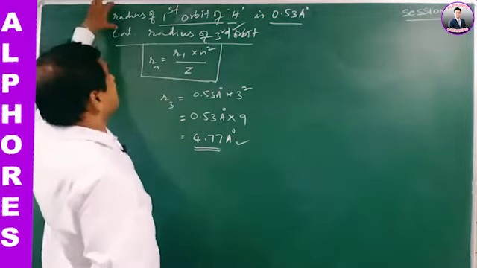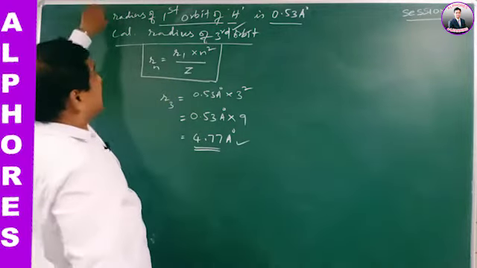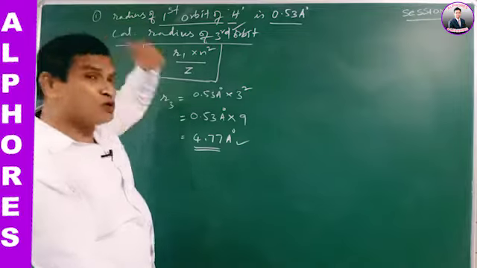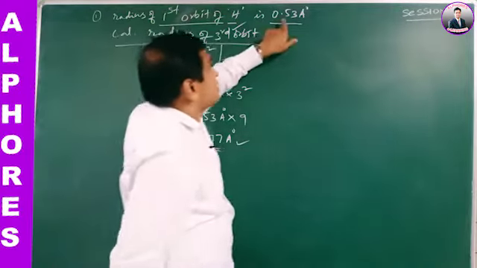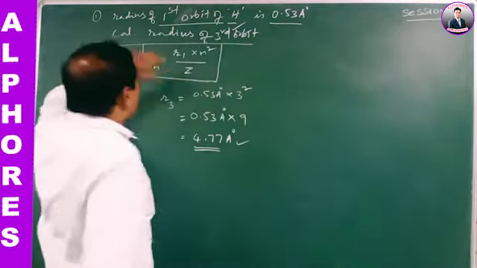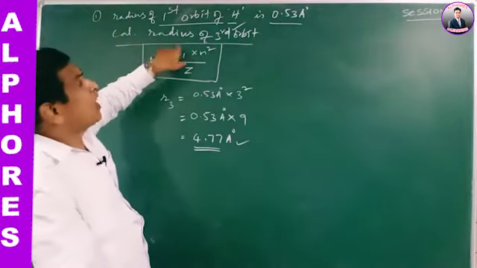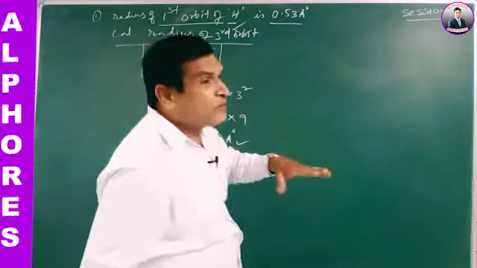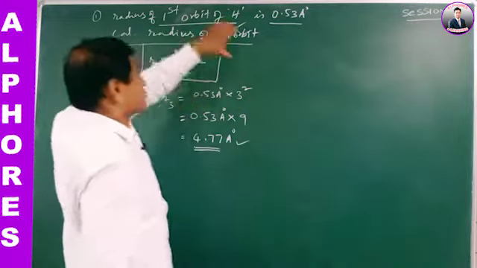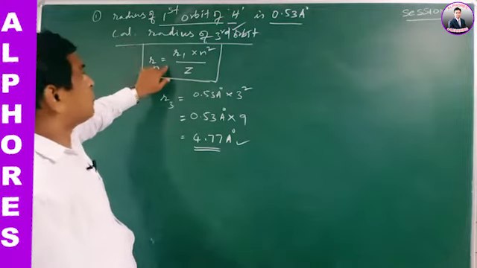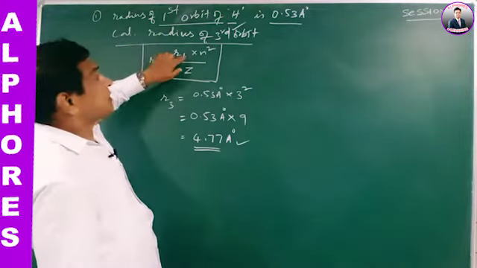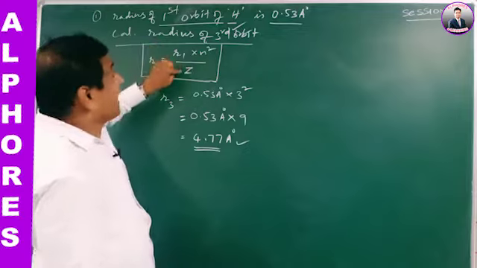So once again, the given question is that the radius of Bohr's orbit of hydrogen atom, that means the first orbit, is 0.53 angstroms, and now calculate the radius of the third orbit of hydrogen. Now the logical approach: the radius of the nth orbit is equal to the radius of the first orbit into n square by atomic number.